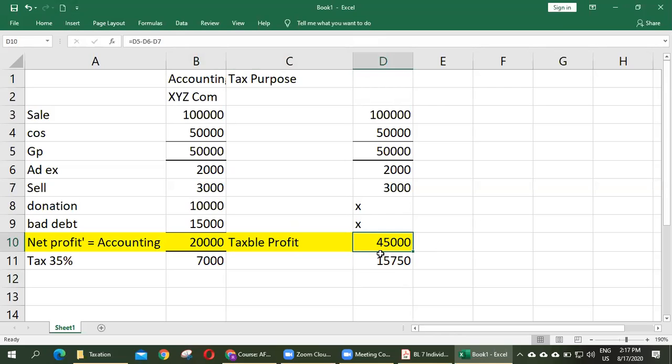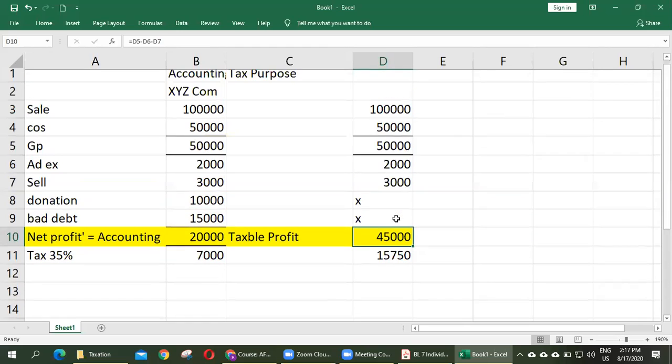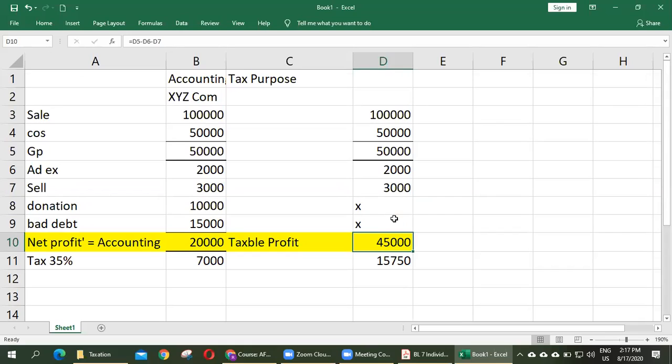Here we have calculated the taxable profit of 45,000 by following the provisions in the Act. Any questions?